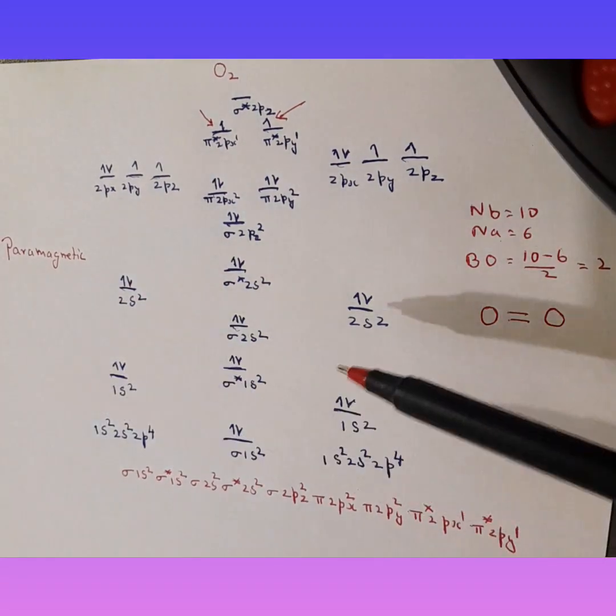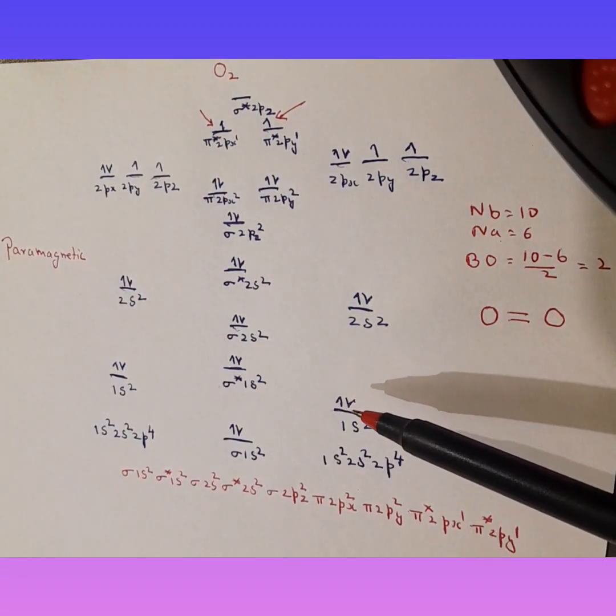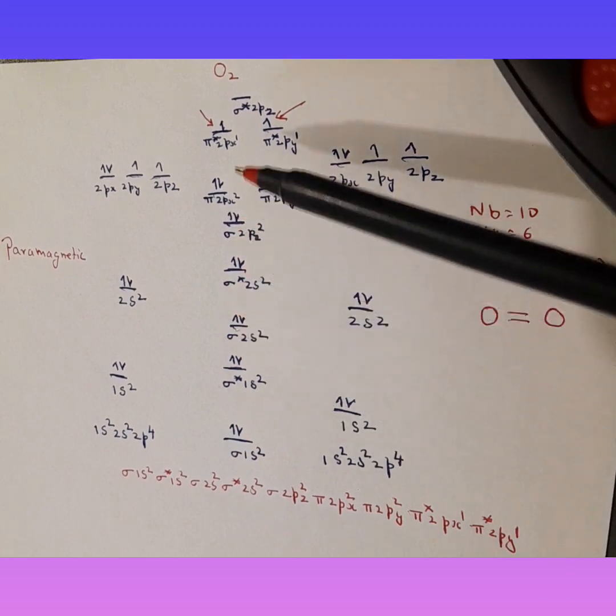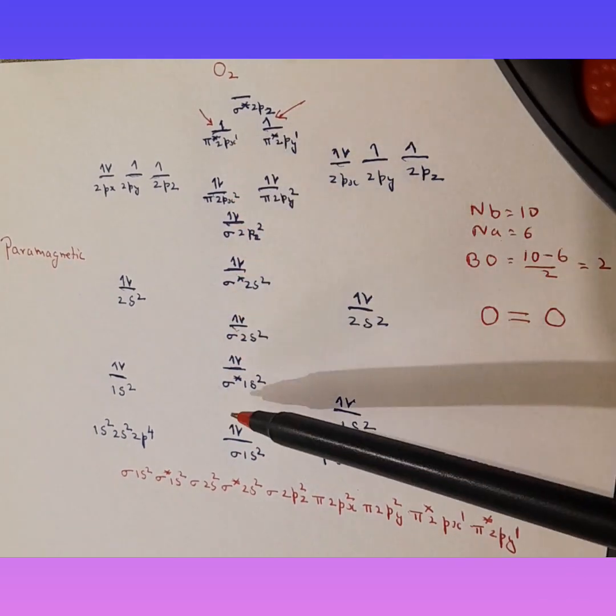So 2 atomic orbitals of oxygen form molecular orbitals as explained earlier.